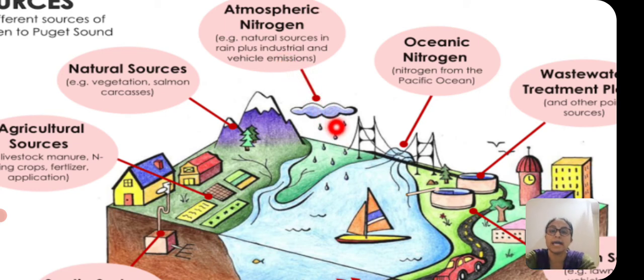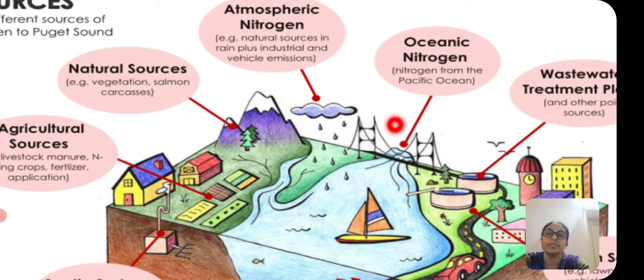It is called an asphyxiant gas because it avoids the uptake of normal oxygen. So it causes asphyxiation or suffocation, and even organisms can die if there is complete blocking of the usable oxygen by this atmospheric nitrogen. So we can see natural sources in rain, plus industrial and vehicle emissions.